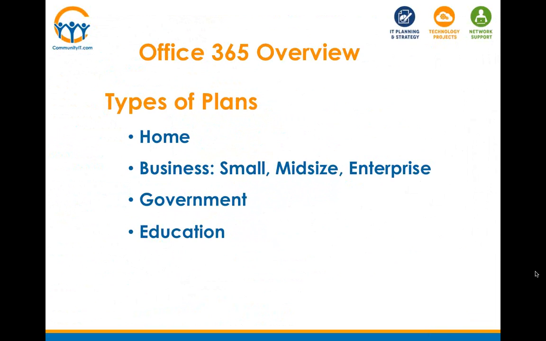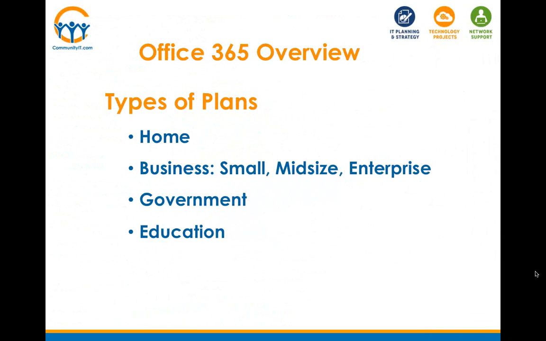Let's see, what else? All right, so what plans are out there? Microsoft has separated the Office 365 offering into 4 main areas. You have Office 365 for home use, business, which within business has 3 components: small, mid-size, and enterprise.